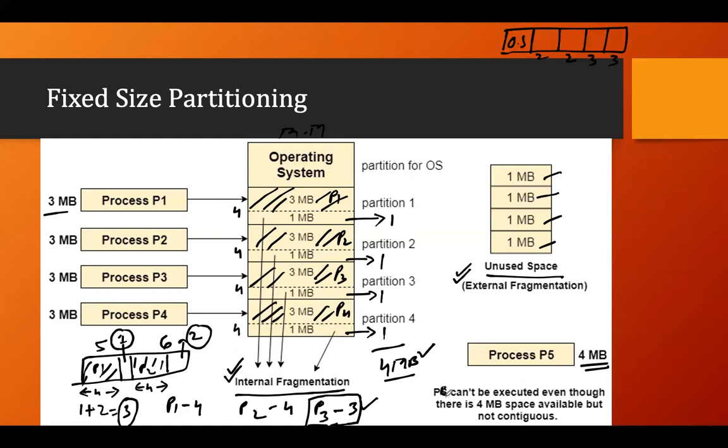So here this P5 cannot be executed even though there is 4 MB of space available, but not in a contiguous fashion. So in the fixed size partition, I think you get to know how the memory will be allocated. What is the problem that it is facing? It is facing the problem of internal fragmentation and external fragmentation.